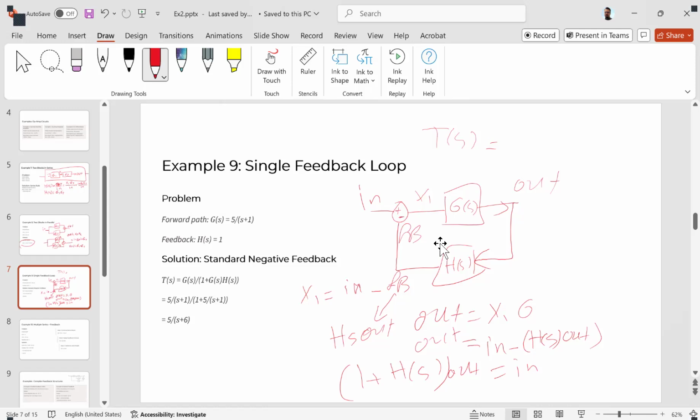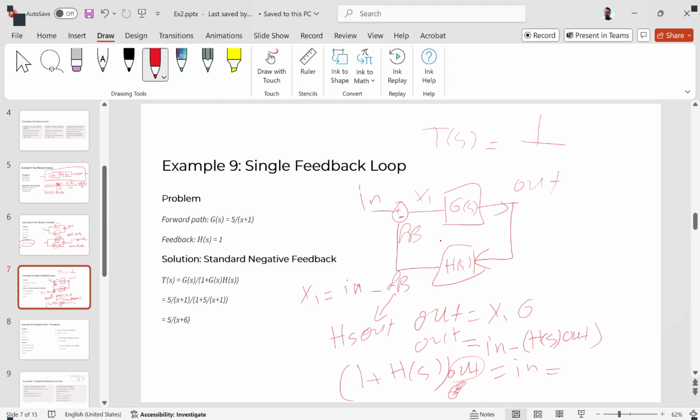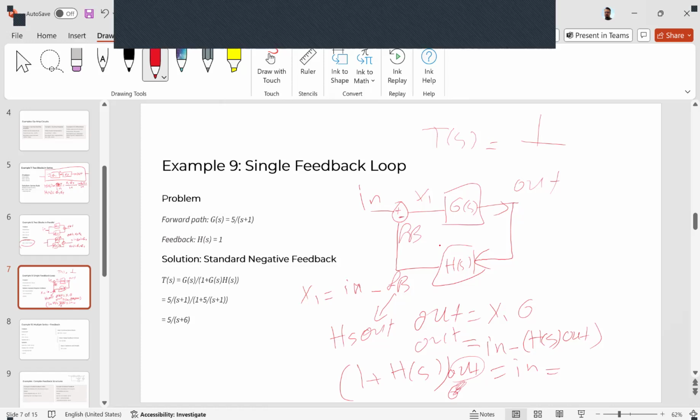No, that's okay. There's a mistake somewhere here. So the transfer function is 1 over this one. This output is G times what's happening? Let me check that. I think I made a mistake somewhere.